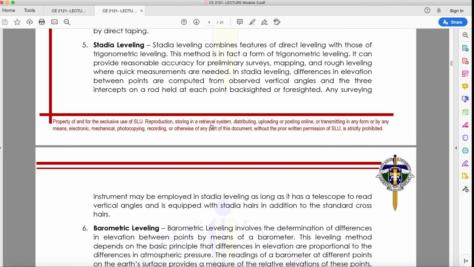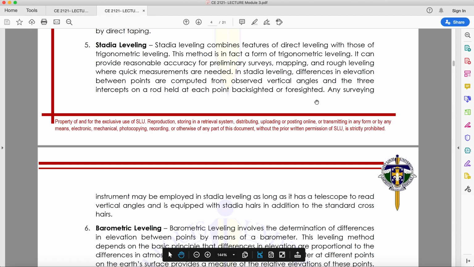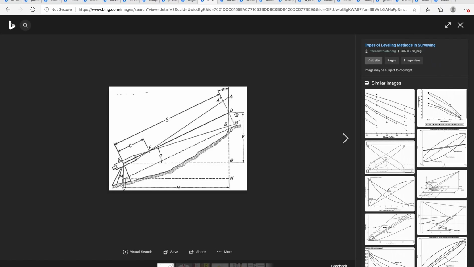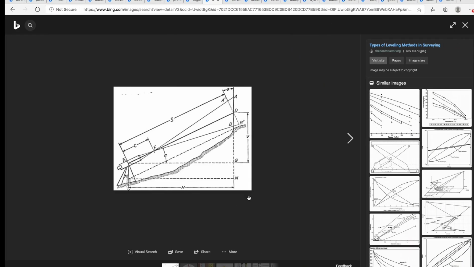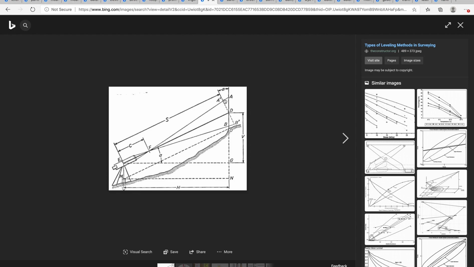Aside from the standard crosshairs, the standard crosshairs will give you the middle reading, while the stadia hairs will give you the upper and the lower reading. From there, we are now able to solve for our unknowns.